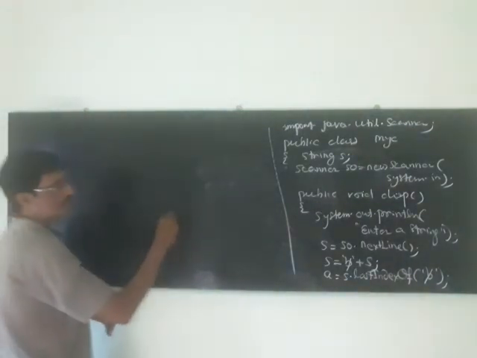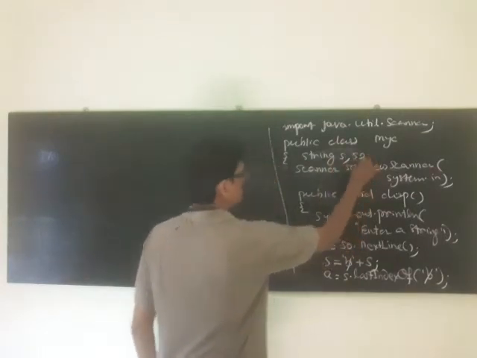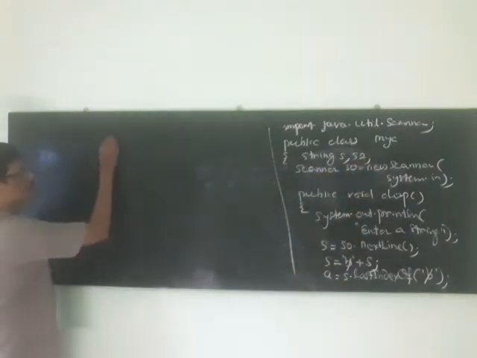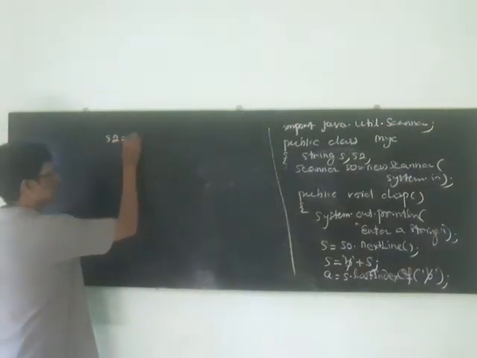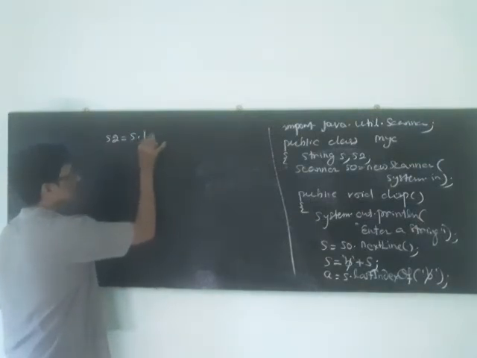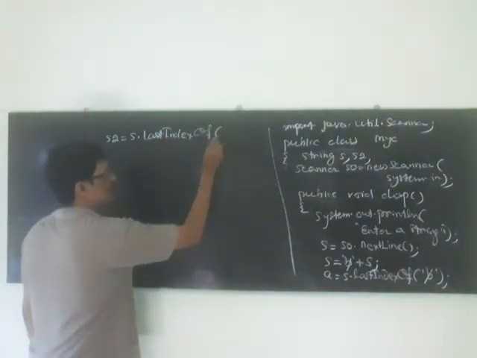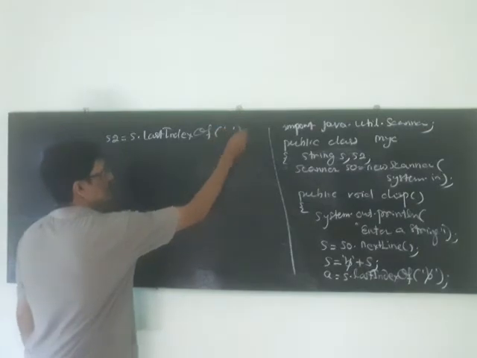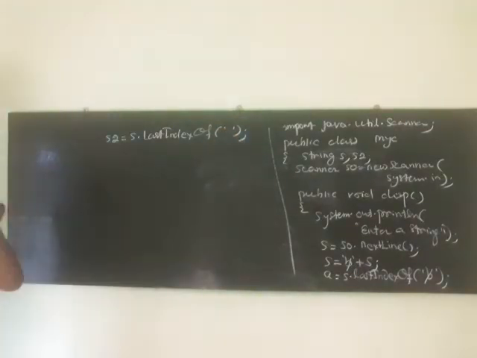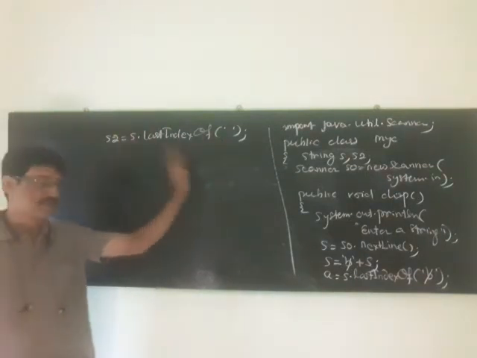All the variables I will declare here. s2 is also my string variable. So in this way you can find the index of the last space character.